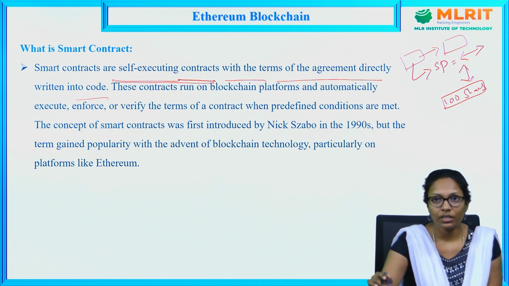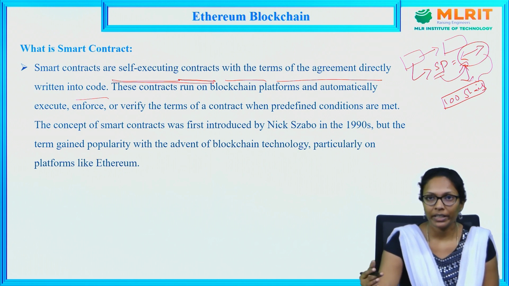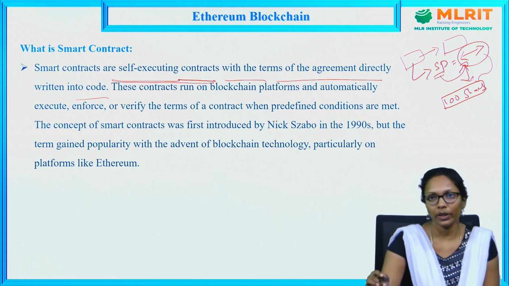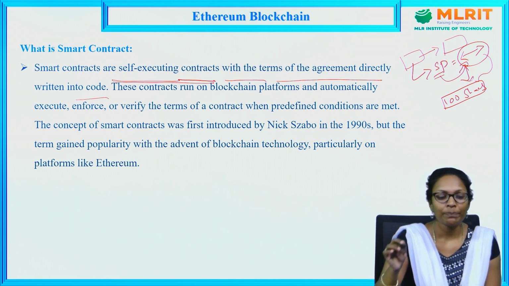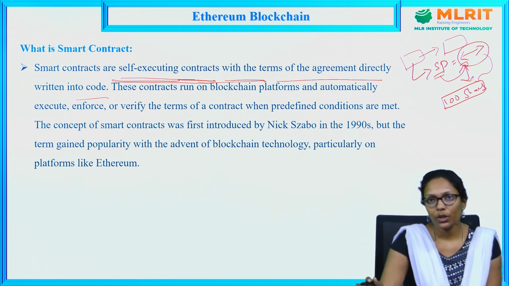I have written this code in the blockchain. Whenever the share price meets the price written in the condition, automatically these 100 shares will be bought, and the amount will be deducted from your Ethereum account. This happens inside the Ethereum blockchain, and for this purpose you write a code called a smart contract. Smart contracts are self-executing contracts which are executed automatically whenever a particular condition is true.